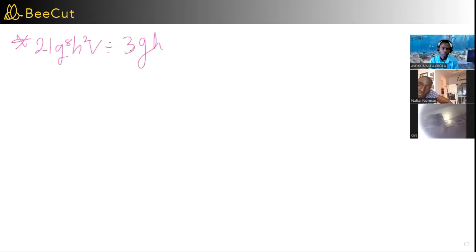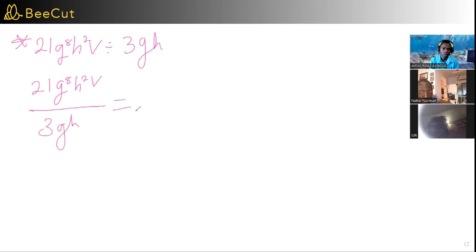Now, once you see anything like this, you know that 3 will divide 21 to give me 7. Or you can write it as 21 g to the power 8 h squared v all over 3gh. So 3 into 21 is 7.